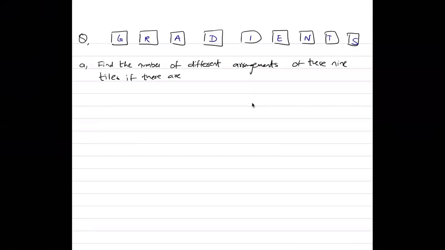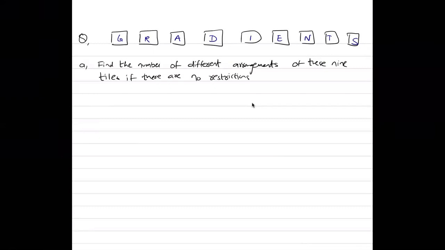So if you're asked to find the number of different arrangements of these nine cards, nine tiles, let's say, if there are no restrictions.